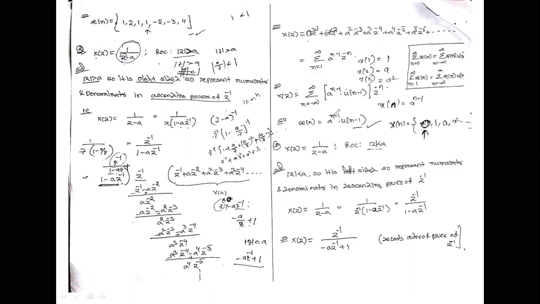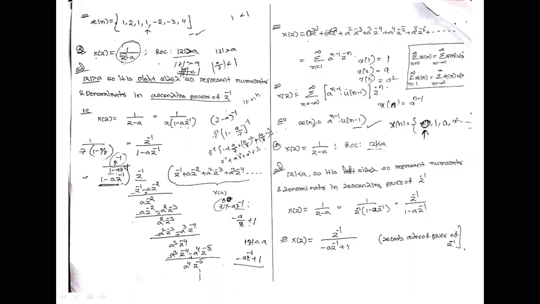What is the sequence now? We got when n is equal to 0, a power minus 1, and n is equal to 1, a power 0, that is 1, and a, 2 minus 1 is a, 3 minus 1 is a square, and so on. Got it, my dear students?